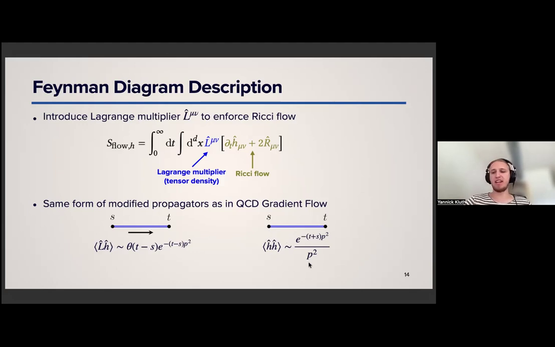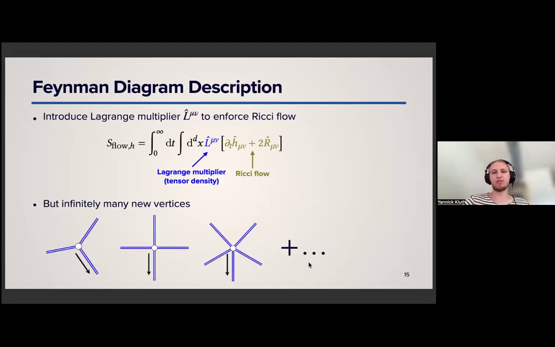And similar to QCD, of course, we also get new vertices. So again, we have the vertices that come from the standard Einstein-Hilbert action of gravity. But now, in addition to that, we get new vertices from the flow action, namely from expanding the Ricci tensor here to higher orders. And of course, it's not very surprising that if we expand the Ricci tensor to higher orders, we in fact get infinitely many vertices, which is the same as what we also see in Einstein-Hilbert gravity.